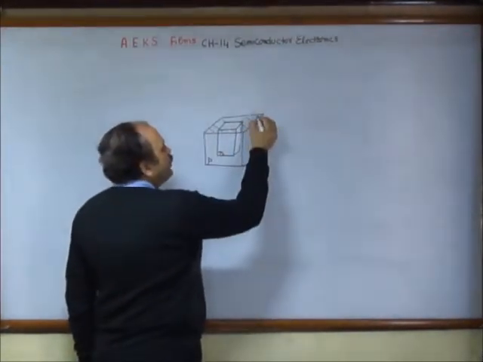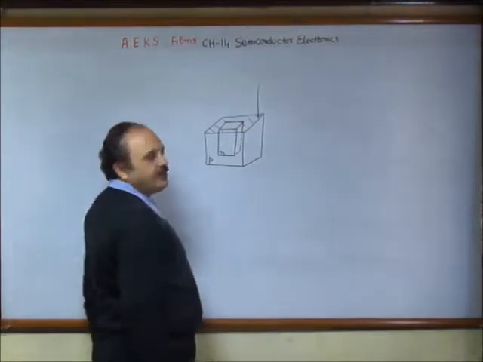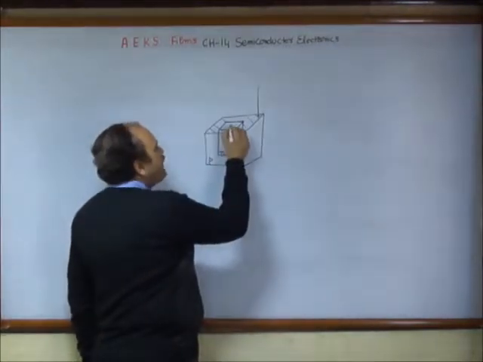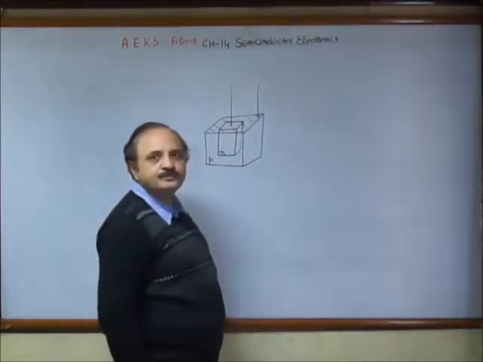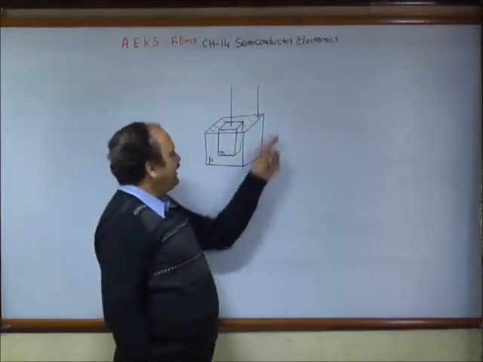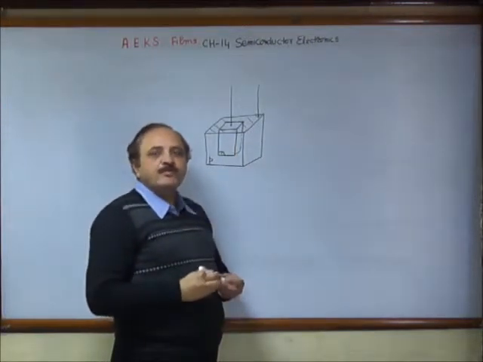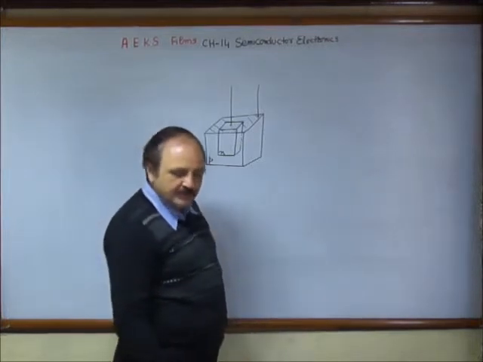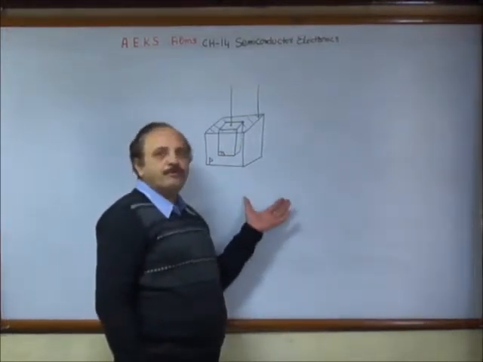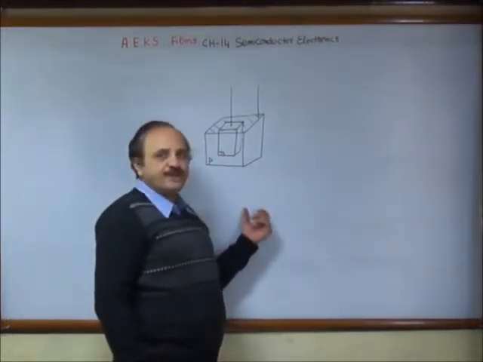Then we do the electrical connection by taking two wires from it, and then it is sealed by a protective material so that it is not damaged by any changes from outside.